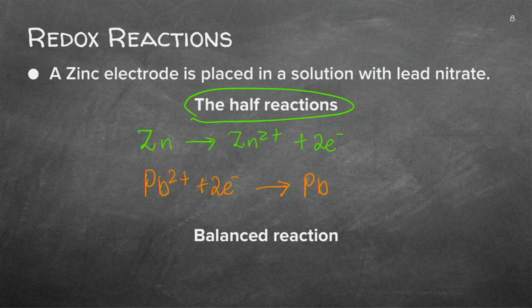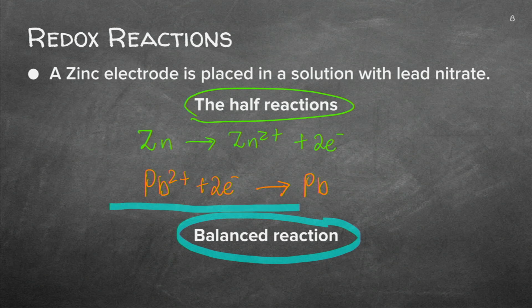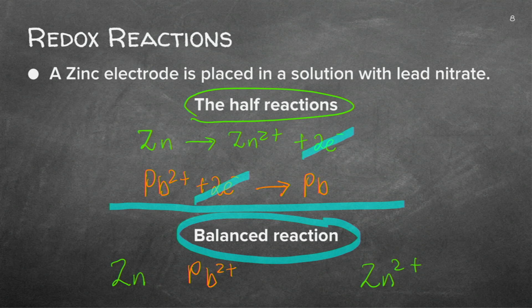The second question is give the balanced reaction. Now, I'm just going to add these two together. Because I've got 2 electrons that side and 2 electrons that side, it is actually already balanced. So I'm going to write down Zn will be forming Zn2 plus. And I'm specifically doing this in 2 colors so that you can see where it comes from.